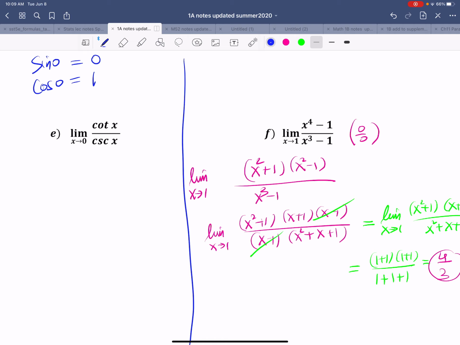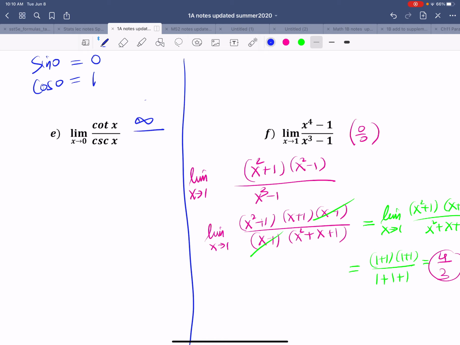Cosine over sine is cotangent. So this would be 1 over x, where x is not equal to 0. x is getting really, really close to 0, so x is approaching 0 but x is not equal to 0. So 1 over a very, very small number, that would be infinity.